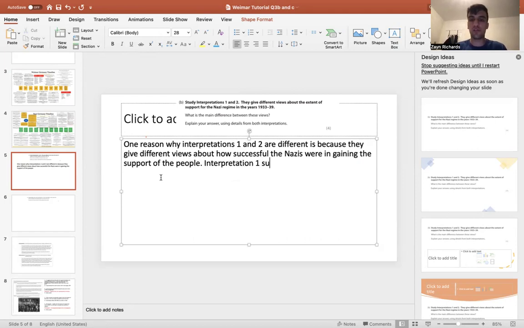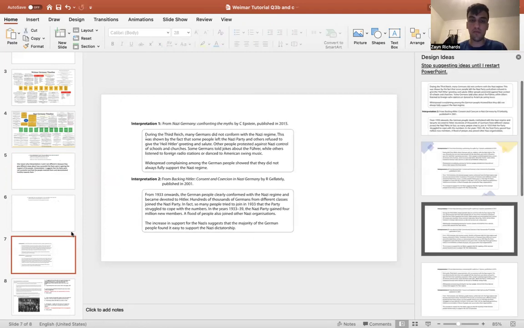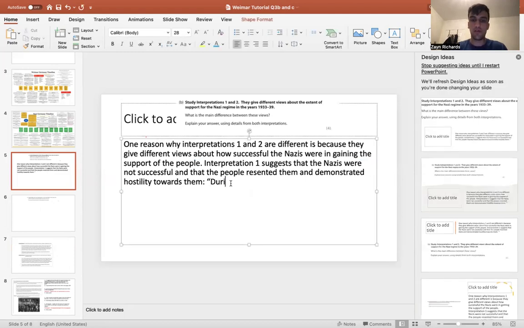Interpretation 1 suggests that the Nazis were not successful and that the people resented them and demonstrated hostility towards them. Then I put colon and then I give my quote. So my quote from interpretation 1, we went for the top one. So we might say, during the Third Reich, many Germans did not conform to the Nazi regime.